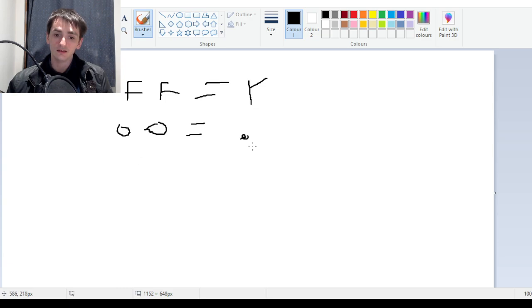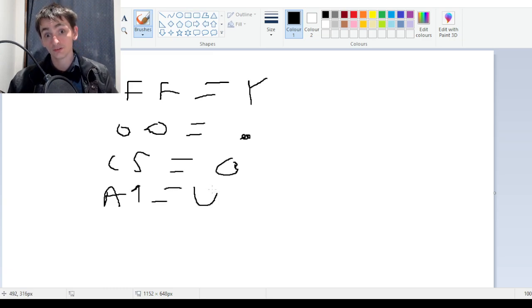Then C5 would equal an O, and A1 would equal a U. Of course, those aren't the actual values. You can find them online with ASCII.